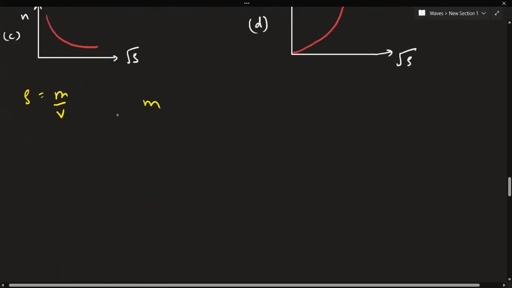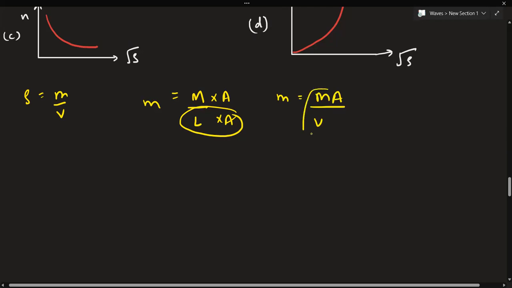Mass per unit length means m divided by L. And if I multiply the area in both the numerator and the denominator, length multiplied by the area gives us the volume. So this will be MA divided by V. And what is mass divided by volume? Density. This will be rho A.